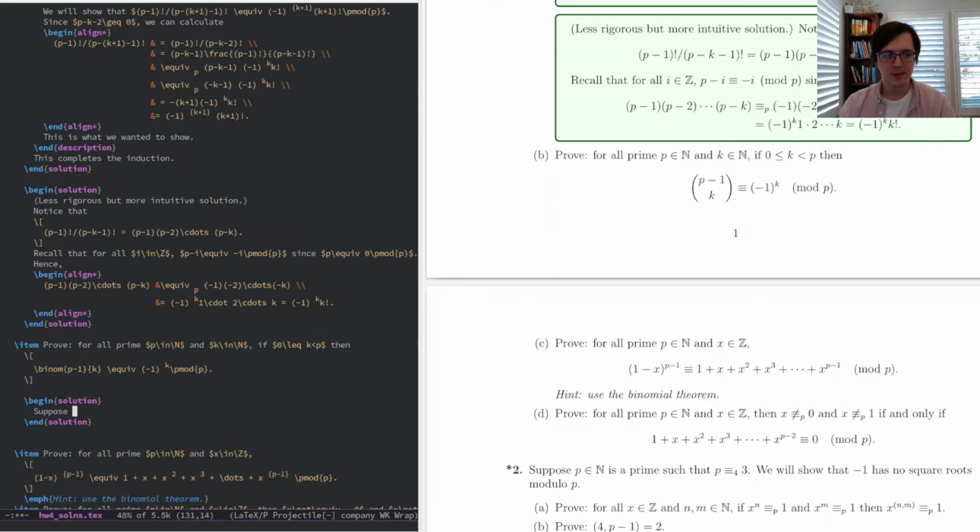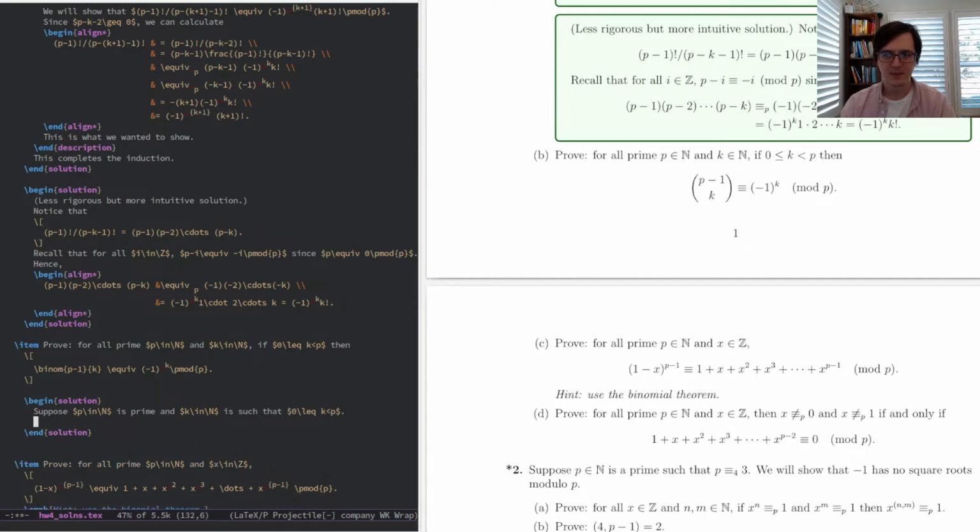So suppose p in N is prime and k in N is such that 0 is less than or equal to k is less than p. Recall that the binomial coefficient p minus 1 choose k is a fraction, p minus 1 factorial over k factorial times p minus 1 minus k factorial, which I'll write p minus k minus 1.